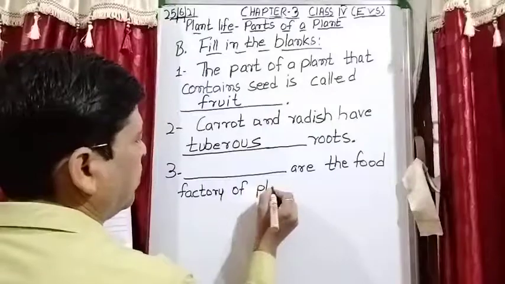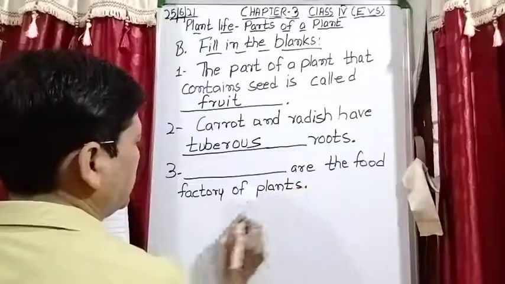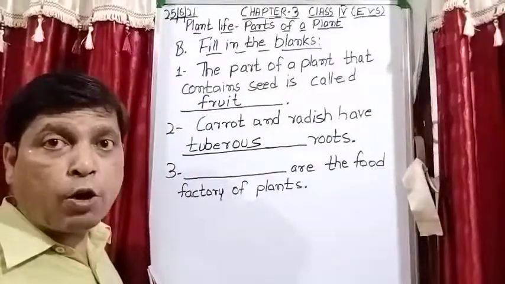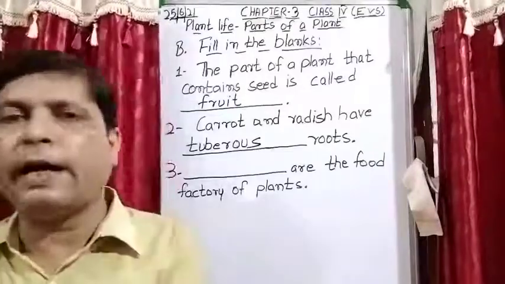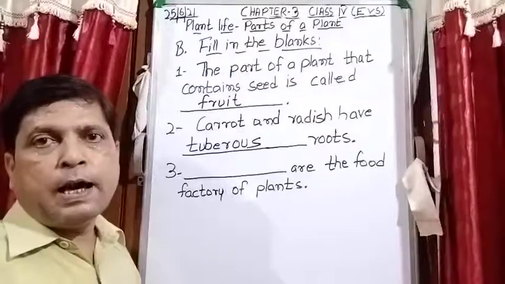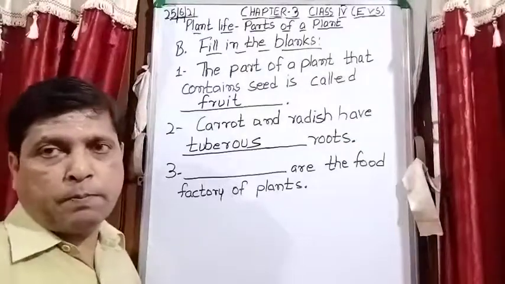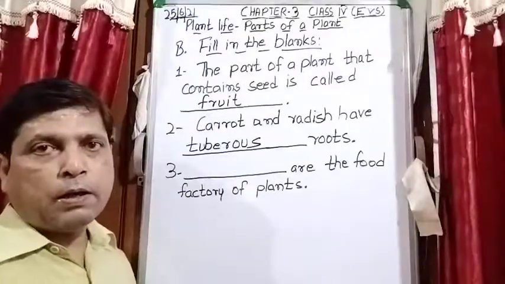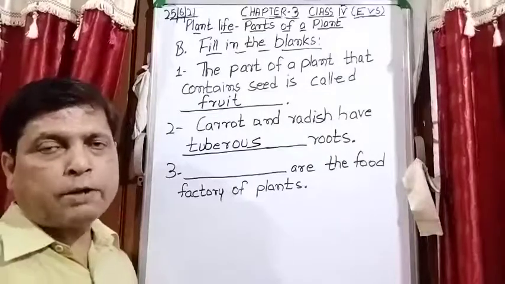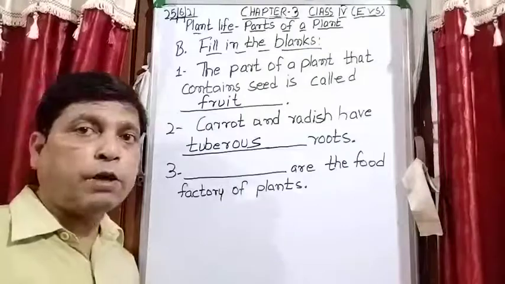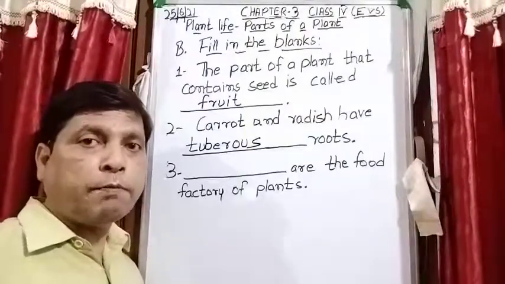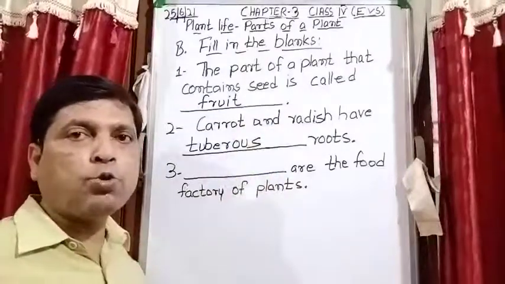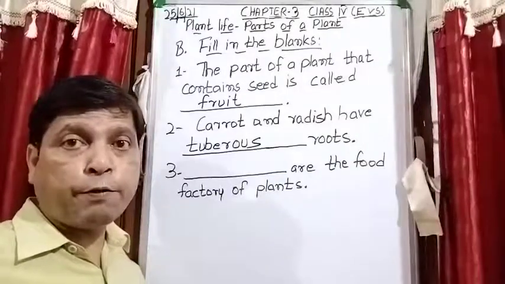That is the reason in the beginning of the chapter, the first thing I explained to you was that I drew the plant and explained the shoot and root system, because all the questions asked in the fill in the blanks part are from the parts of a plant.